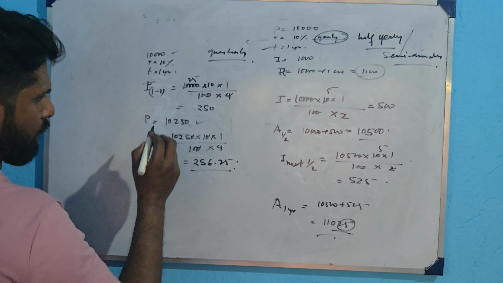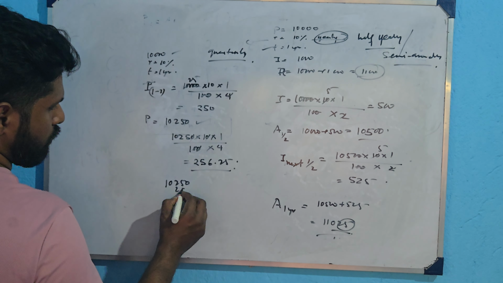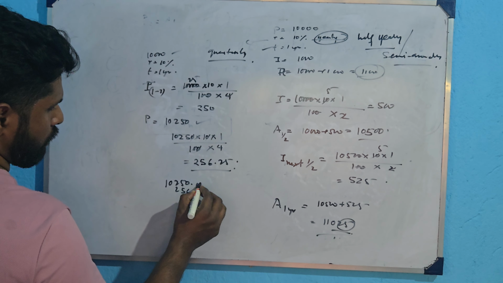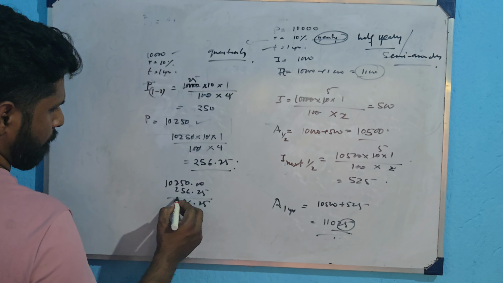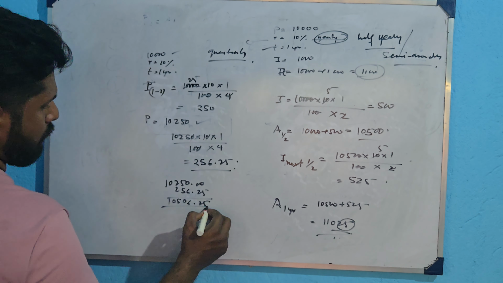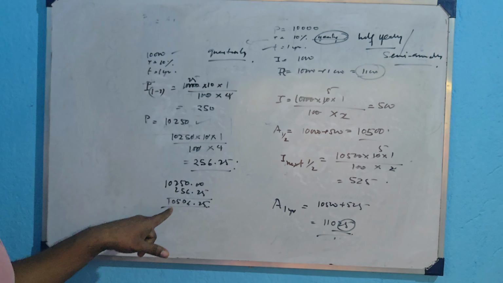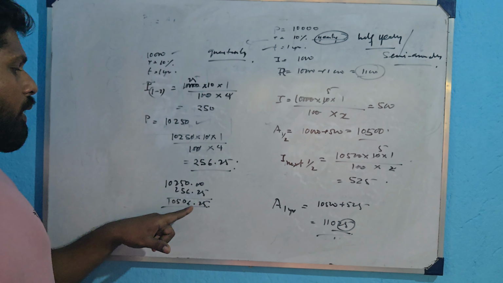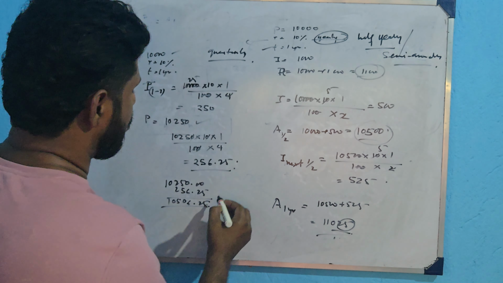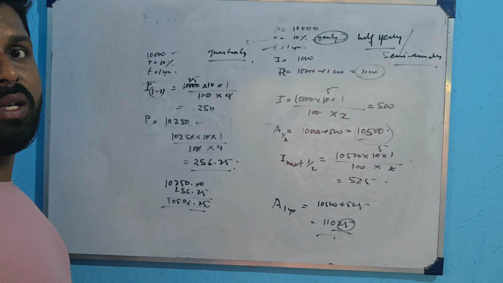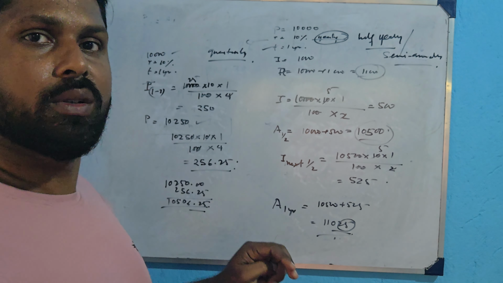So again it will get added to the 10,250. So 10,250 plus 256.25 becomes the new principal after 6 months: 10,506.25. See the difference. After 6 months, the new principal was 10,500 earlier. Now it is 6.25 rupees more, because interest is getting added after every 3 months only.